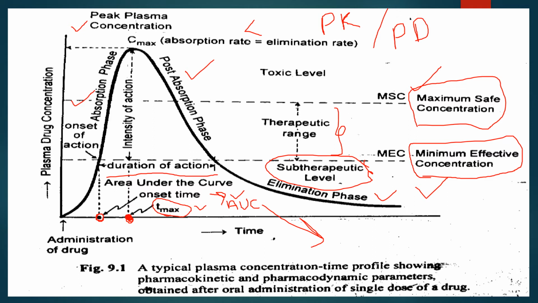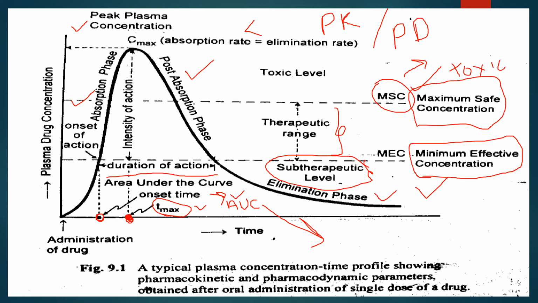Next one is minimum safe concentration, MSC. It is also called the minimum toxic concentration. Above the minimum safe concentration, the toxic level will be achieved.